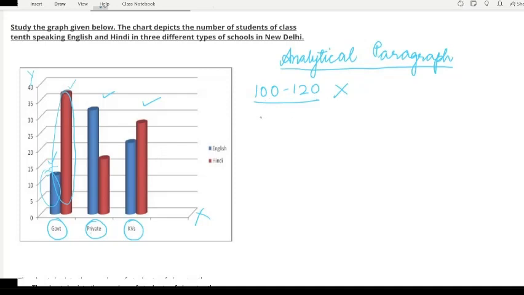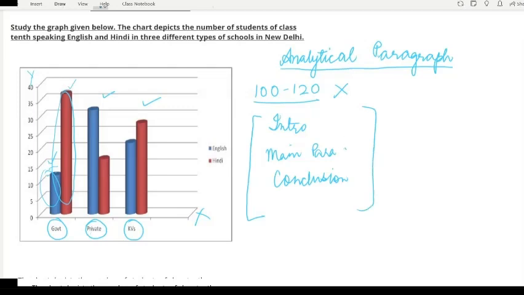So let us talk about, first of all, the structure of the analytical paragraph. An analytical paragraph has one introduction, and then the main paragraph, and lastly the conclusion. Whenever we are writing, the main paragraph is the biggest paragraph in this combination.